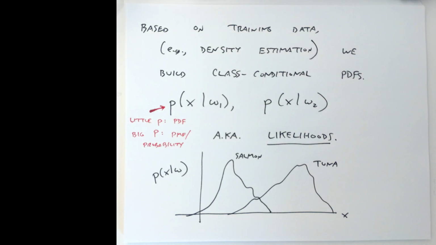So I have these likelihoods, and then I have the priors. When we talk about decision theory, we're trying to combine the prior probabilities with these likelihoods. Say, for example, I had a sushi restaurant that was a salmon place, where 99% of their dishes are salmon.